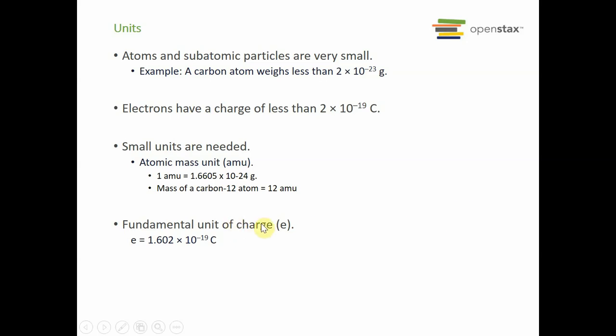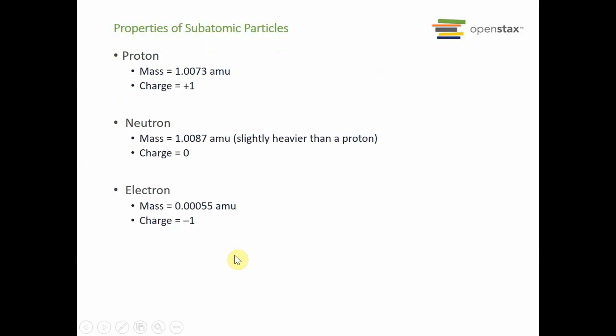The fundamental unit of charge, just as I said up there, is 1.602 times 10 to the minus 19th coulombs. The proton has a mass greater than 1 atomic mass unit. It has a charge of +1, which means it's 1 electron charge, or 1.6 times 10 to the minus 19th coulombs.